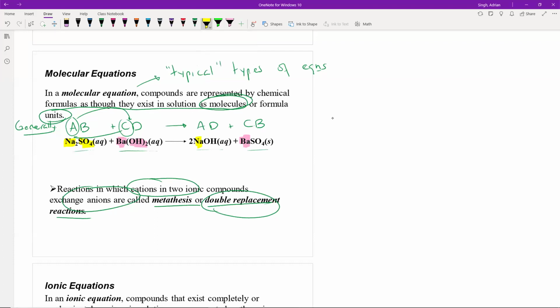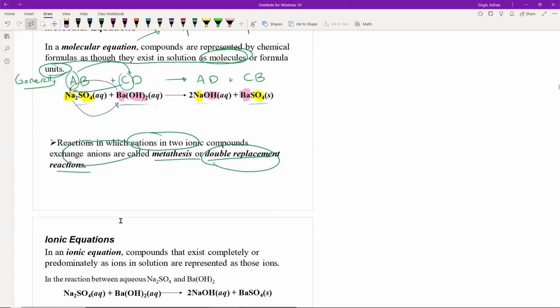The sodium swaps places with the barium to end up with the hydroxide at the end. And the barium takes the place of the sodium, and the barium ends up with the sulfate. Right, so you have things that are swapping places with each other. That's a double replacement or metathesis. So we can represent that reaction using our normal molecular equation.